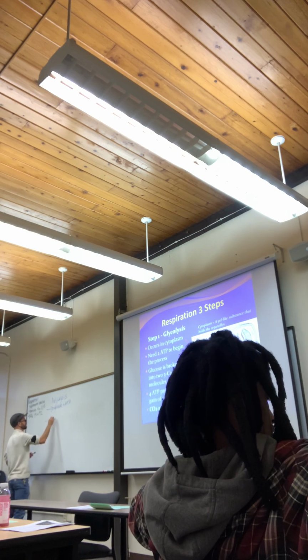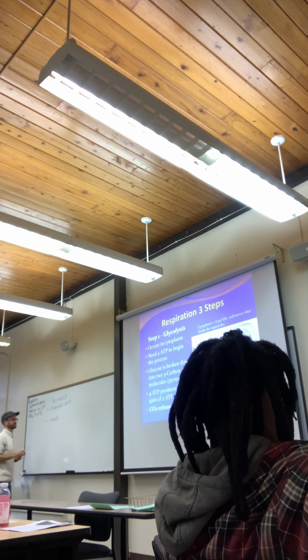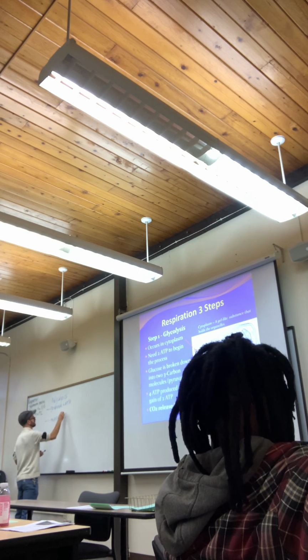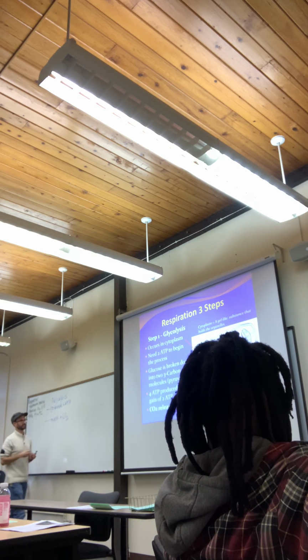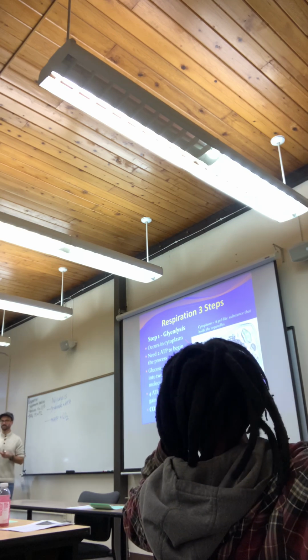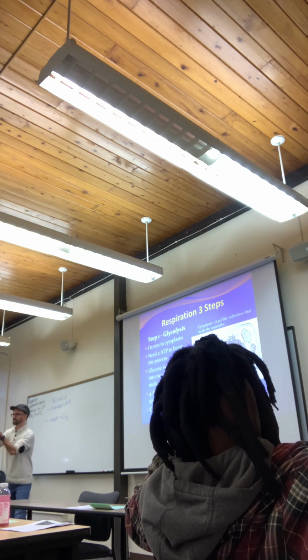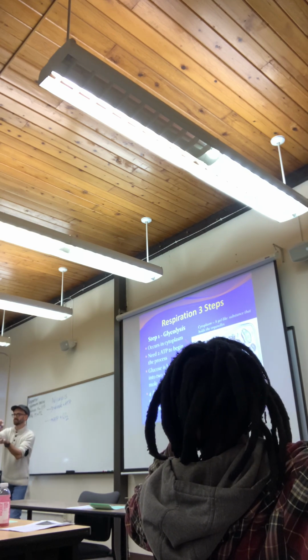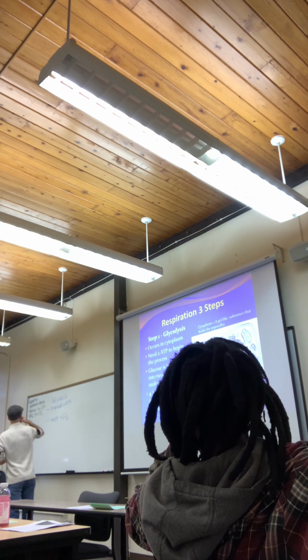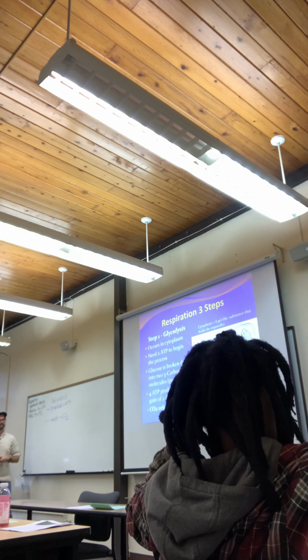What comes out, more energy, and CO2. So again, there's a corollary with photosynthesis where in the first step, energy in, oxygen is released. Here, energy in, and carbon dioxide is released.